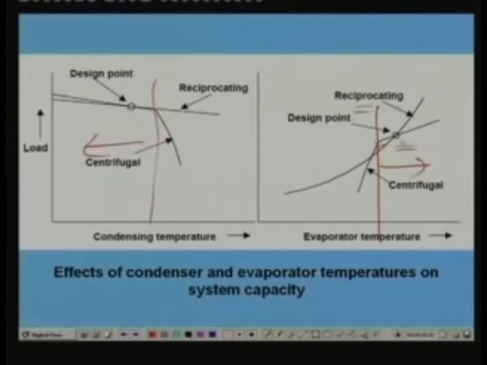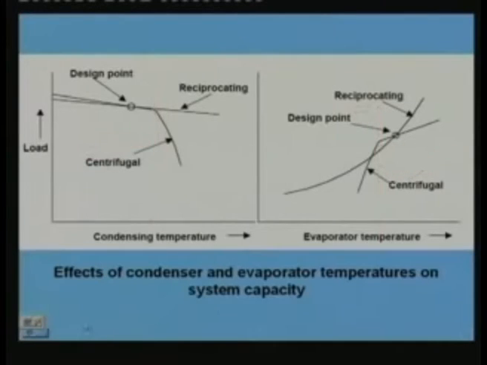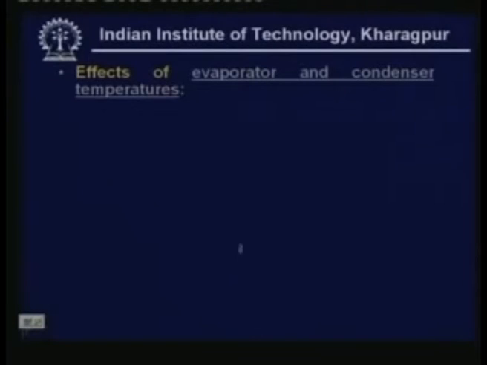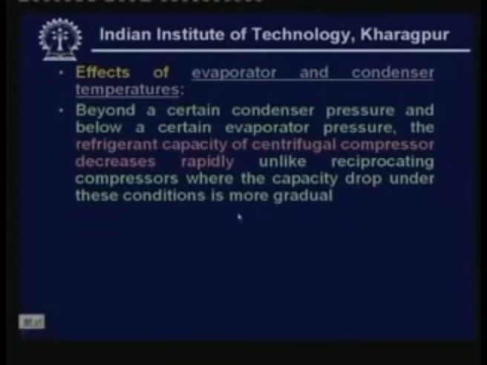That means for a given change in the refrigeration capacity, the change in evaporator temperature is less for the centrifugal compressors. So, that is what is mentioned here. Beyond a certain condenser pressure and below a certain evaporator pressure, the refrigeration capacity of a centrifugal compressor decreases rapidly, unlike reciprocating compressors where the capacity drop under these conditions is more gradual.